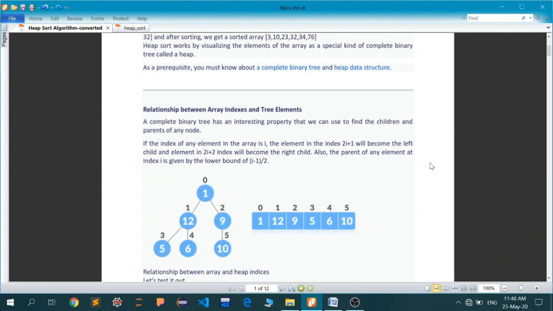Now, the relationship between the array indexes and tree elements. A complete binary tree has an interesting property that we can use to find the children and parents of any node. Let me again talk two lines on complete binary tree. A complete binary tree is just a binary tree, but the one rule applied there is that, apart from the leaf node level, all the levels are completely filled.